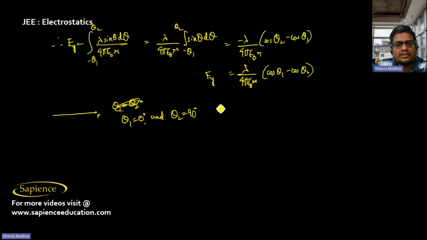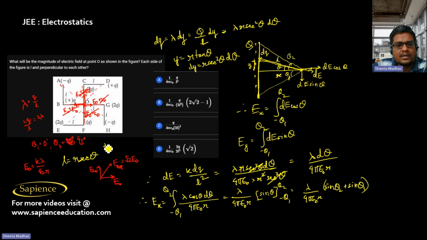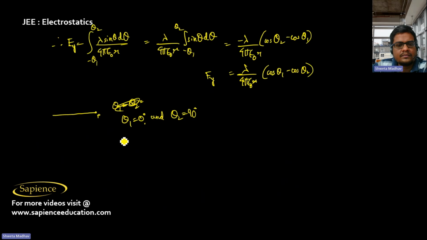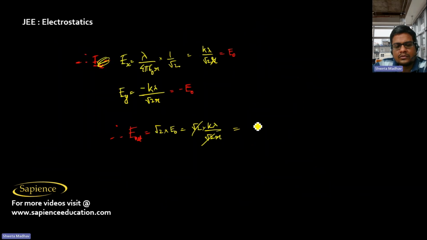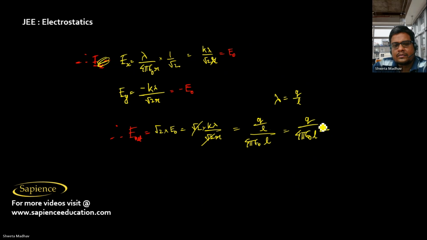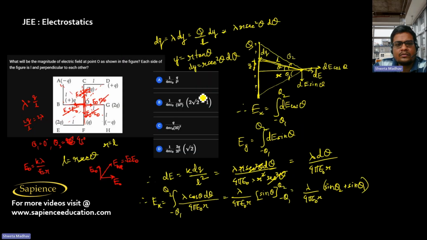Now here R is obviously equal to L. R is equal to L only. So now lambda is Q by L. So Q by L by 4 pi epsilon naught into L. So this will be Q by 4 pi epsilon naught L square. So option A is the correct answer.